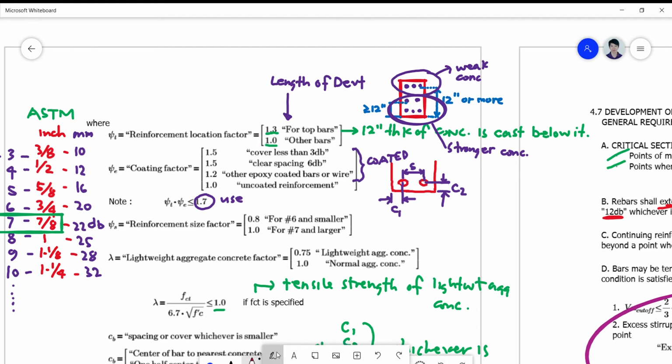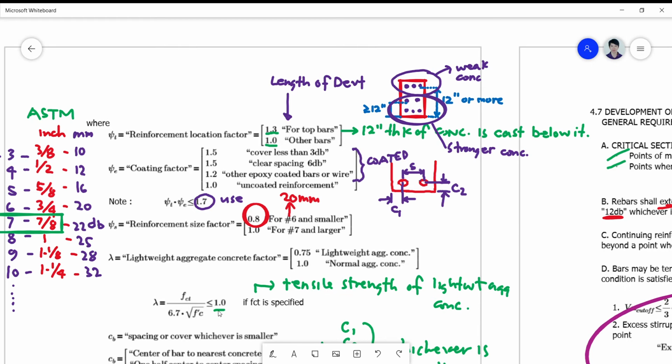So our psi s is 0.8, because this is 20 mm. Okay, did you get how to use the table here? Number 6 and smaller, so you just look here, 20 mm, and then you get 0.80 there. Okay, lambda is normal, so 1.0, automatic.